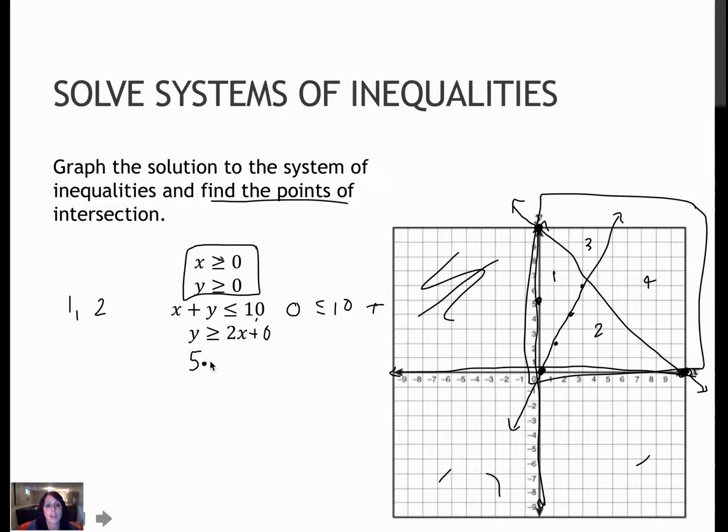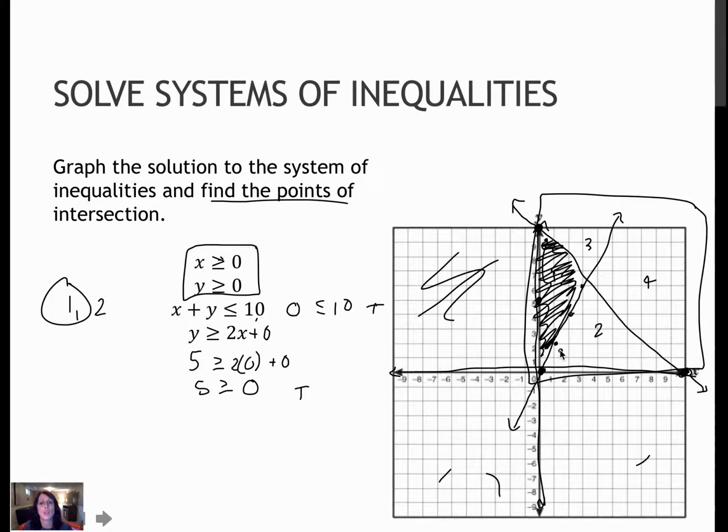So if I plugged in 0, 5, I would get 5 is greater than or equal to 0, which is true. So this line should be shaded towards this, which means it must be zone 1. Here is my shaded region.